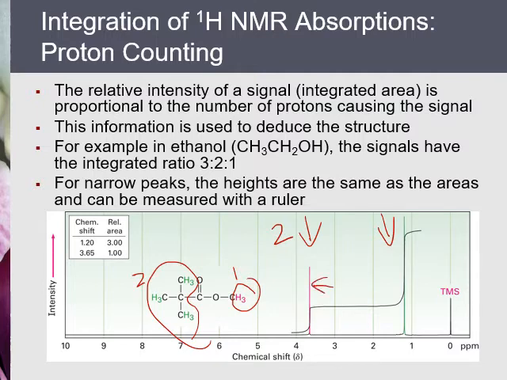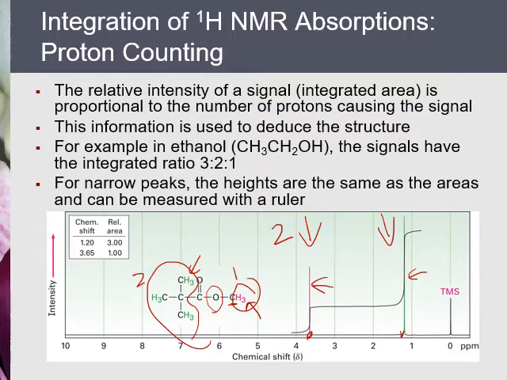A peak around 3.5 indicates a hydrogen connected to a carbon that is connected to an electronegative oxygen. An absorption peak at around 0 to 1.5 indicates hydrogen connected to a carbon that is not connected to any electronegative atom.